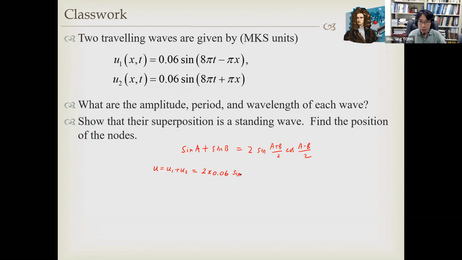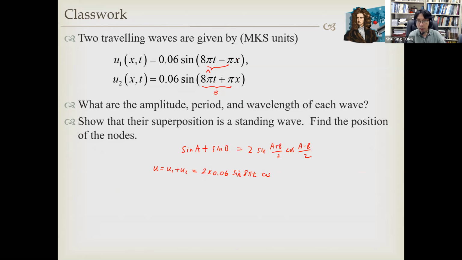The first factor is a sine, right? Now, this factor is A, and this factor is B. If I have A plus B, then the pi x has gone, right? Because they cancel. And the 2 pi t divided by 2 will give me simply pi t. Is that right? And how about the cosine factor?